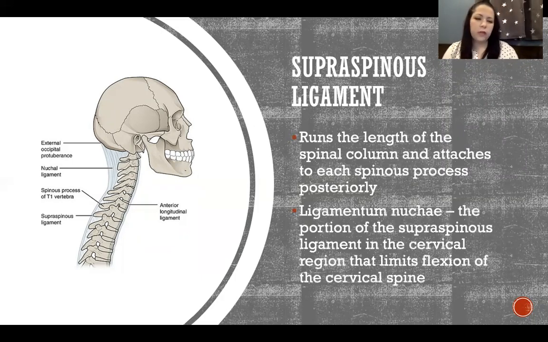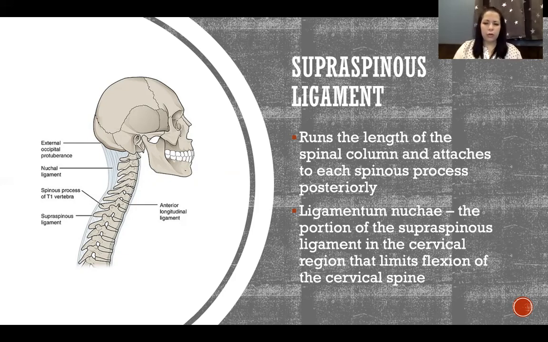When we get to the cervical portion, you see that this ligament becomes much bigger and broader. That portion of the supraspinous ligament we call the ligamentum nuchae. It isn't its own standalone structure. It is a portion of the same ligament. And in the cervical region, it limits flexion of the cervical spine.